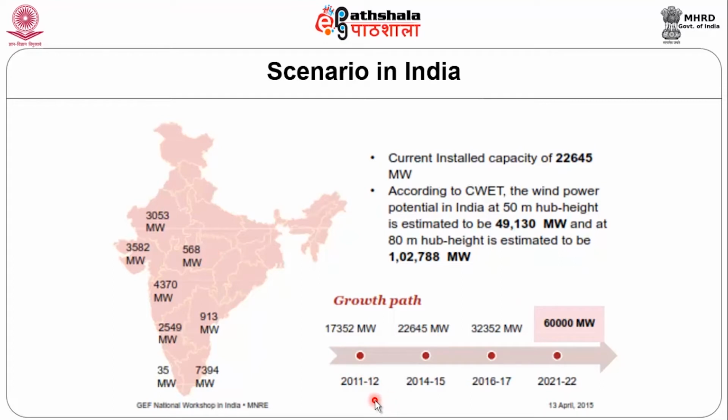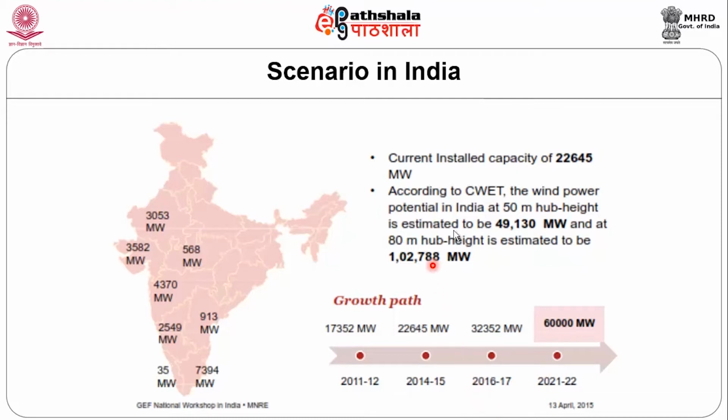And this is about the growth path. According to 2011-12, we had only 17,000 plus megawatt of capacity, and then it increased over the years, and by the year 2021-22 it is expected to be about 60,000 megawatt.